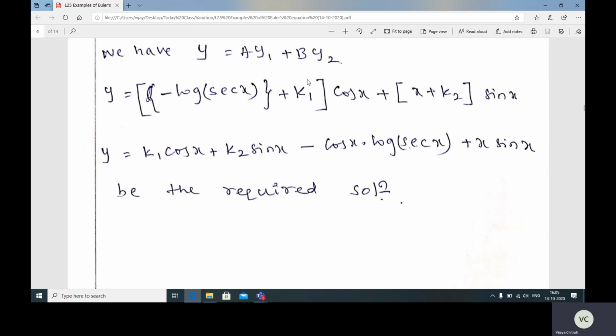So the constant part will be K1 cos x plus K2 sin x. The other will be minus cos x into log sec x plus x sin x. So this is our complementary function, and this is our particular integral. So this is the required solution.